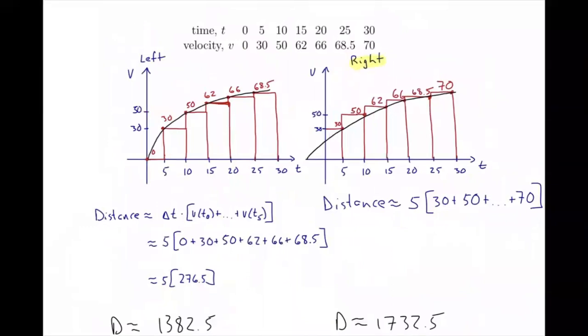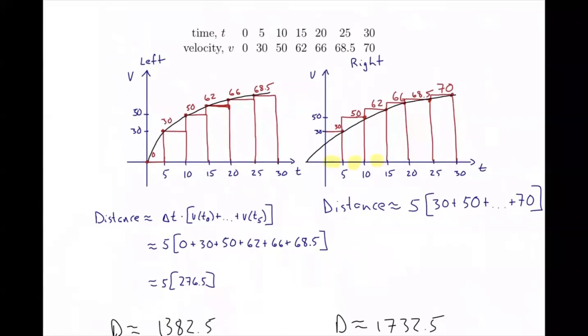A right endpoint approximation looks like the following. Now we build rectangles for every one of our intervals, very similar to what we had on the left, only we don't use the left endpoint here, right? We shift over and we use the right endpoint for our first interval.